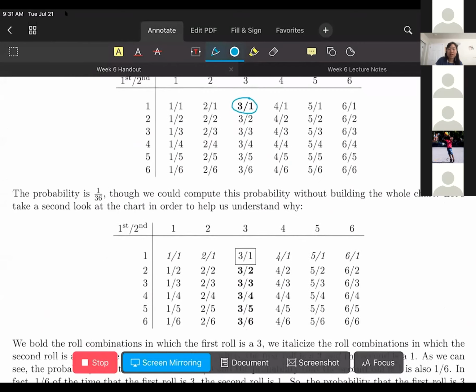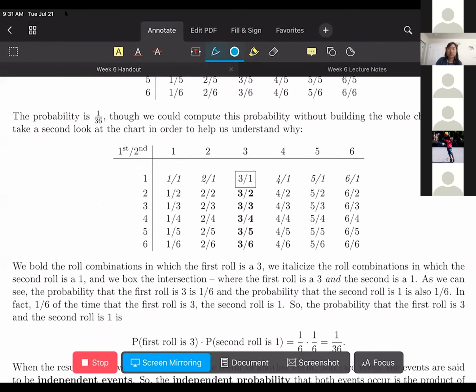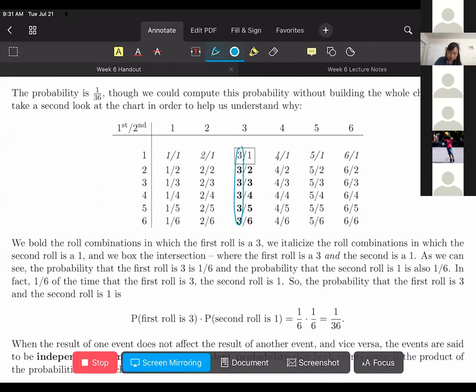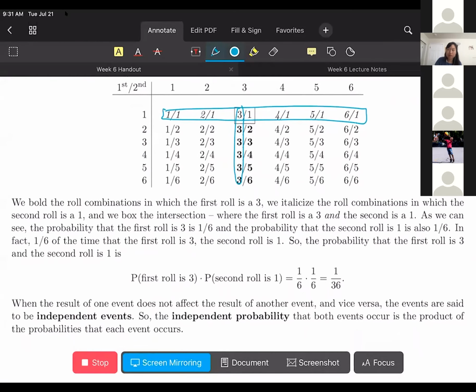But actually, I think we already know that we could do this without building the whole chart. We could look at the probability that the first roll is a 3, and then the probability that the second roll is a 1, and we can multiply them together to get 1 over 36.